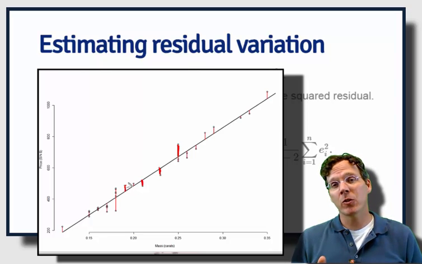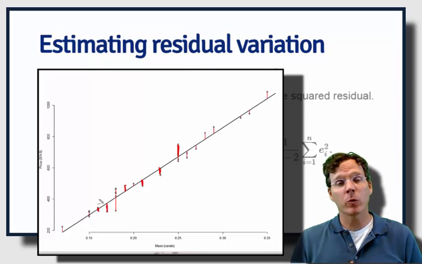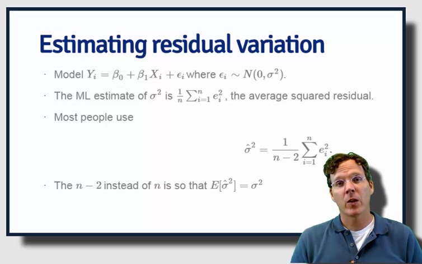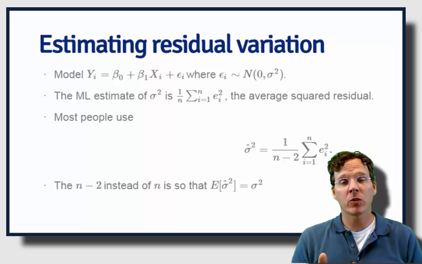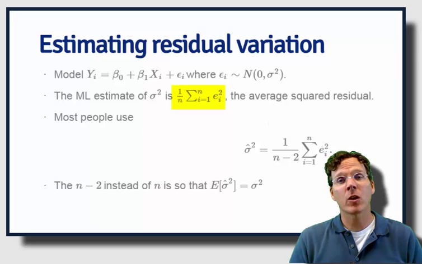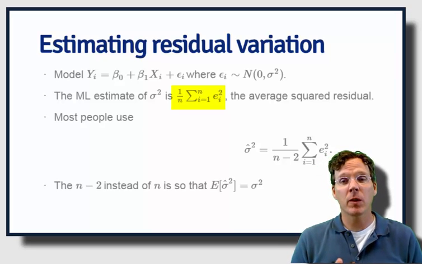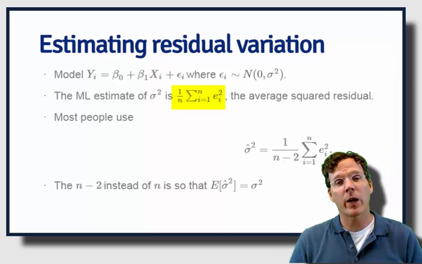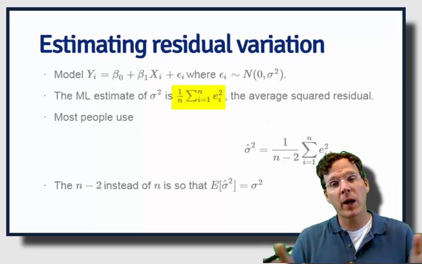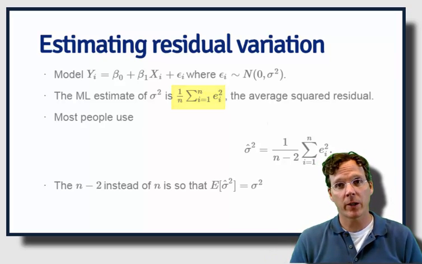Remember, if we include an intercept, the residuals have to sum to 0, which means their mean is 0. So if we want to take the variance of the residuals, it's just the average of the squares. So the sum of the squared residuals times 1 over n is an estimate of sigma squared, the true population variation around the regression line.